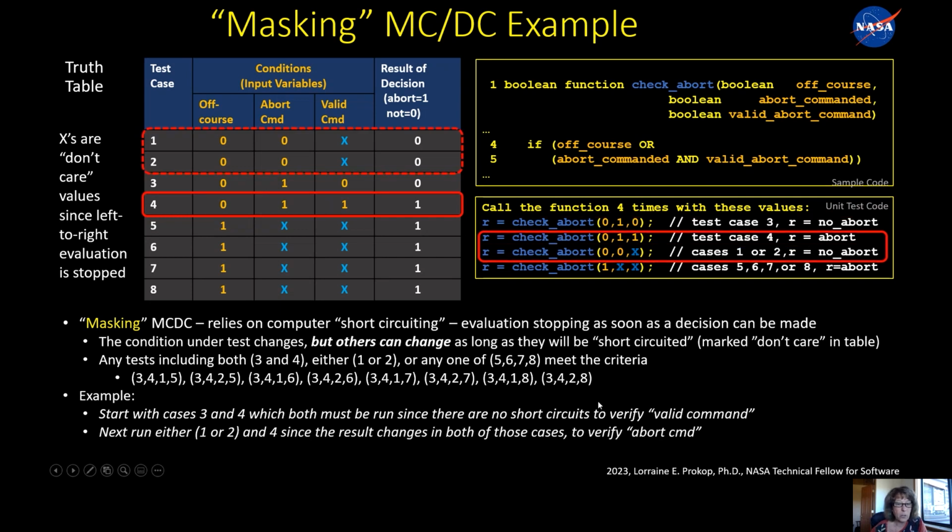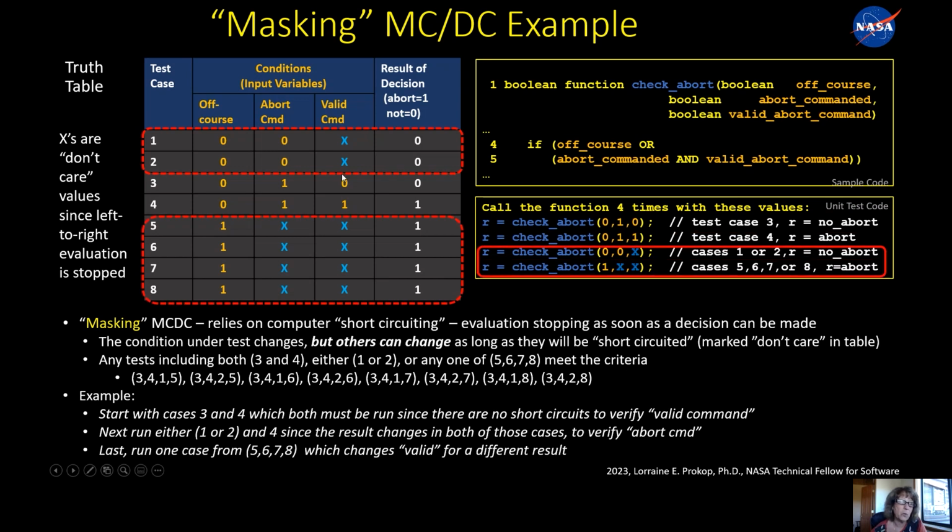In the next set of tests, you keep test 4 because that has a 1, and you can pick either test case 1 or 2 to validate the abort command variable, because the valid commands are don't care, these are 0, and the result changes. Similarly for the third one, you can have either 1 or 2, and then you add one of 5, 6, 7, or 8.